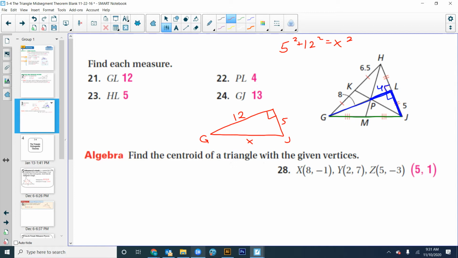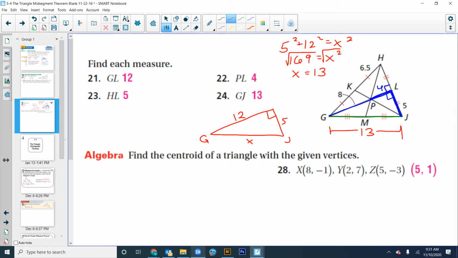What's 25 plus 144? 169, very good. Square root both sides. 13, very good. So GJ is 13.